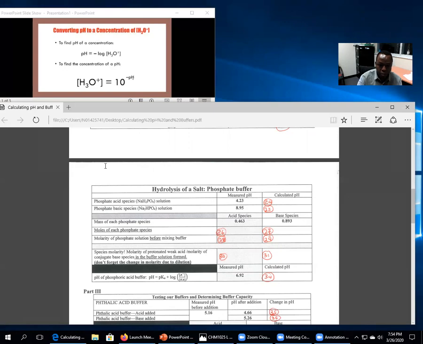I should have had one document so that I type for that. So for the acid, that is NaH2PO4, like that, H2PO4. That is an acid.